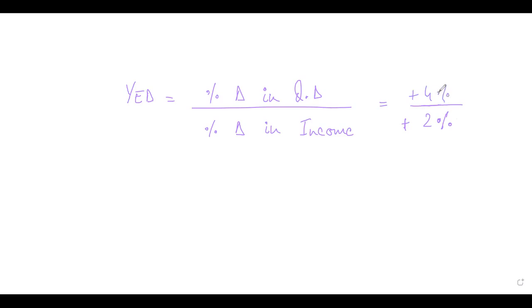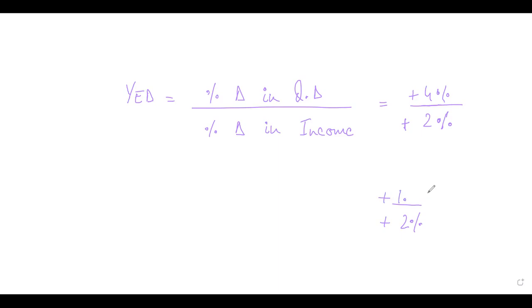So something more than 2%, could be 3%, could be 3.5%, but anything more than 2%. On the other hand, if it's less elastic, it will still be a positive change because the direction of the two variables has to be the same. So if incomes are increasing by 2%, your demand for the good will also increase, but by something less than 2%, let's say positive 1.5%.